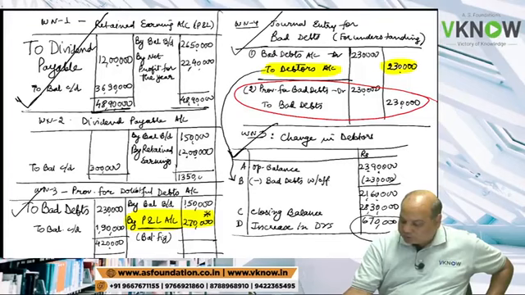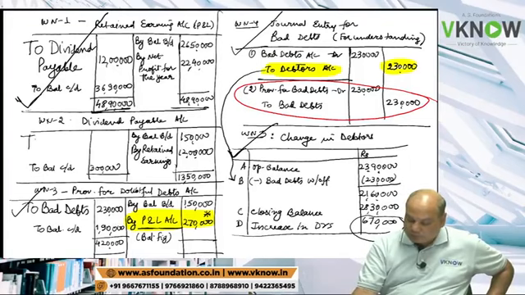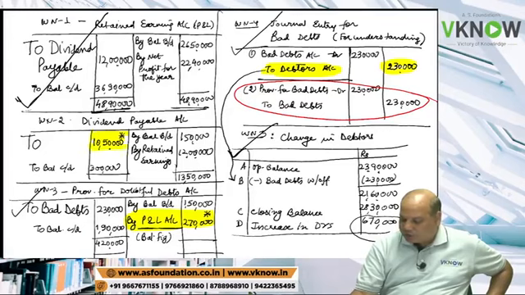Credit side total is 13 lakh 50,000. On the debit side, there is a missing figure. 1350 minus 3 gives 10 lakh 50,000 as the balancing figure.